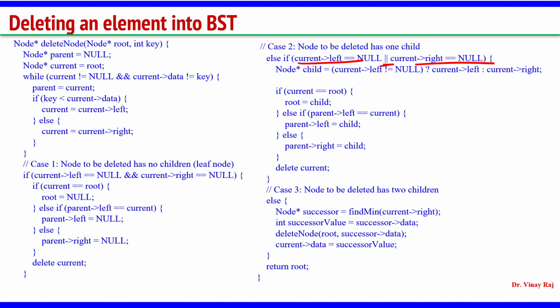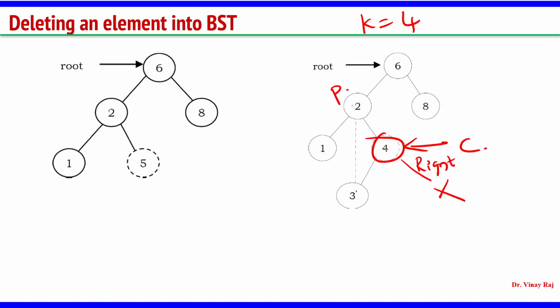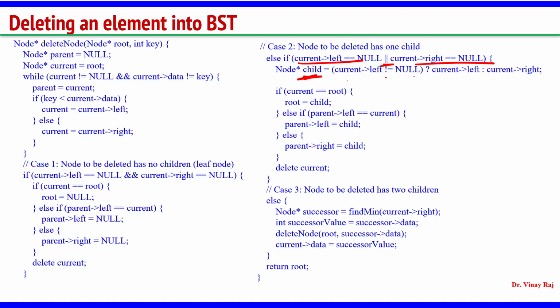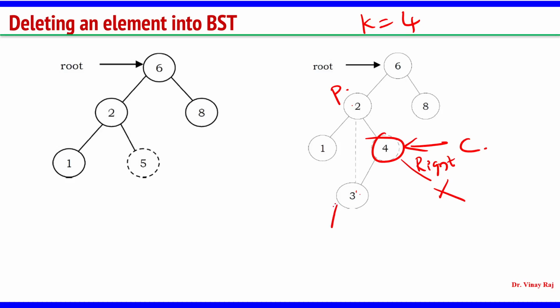So in this case, node star child, here you are having one condition. You are trying to identify the child, which one is the child element. Okay, so current left not equal to null. Is the current left not equal to null? No, the element is there. In that case, current left is mapped as your child.